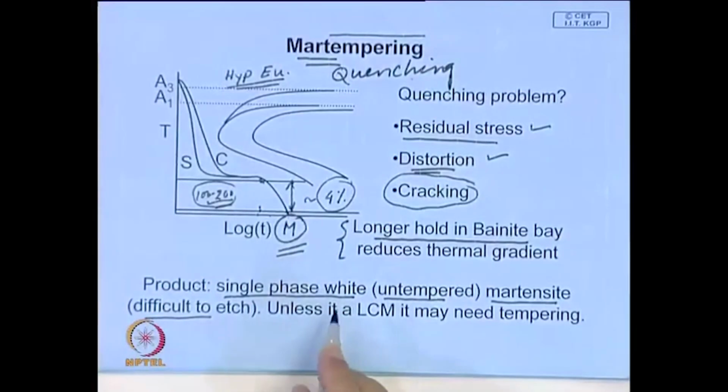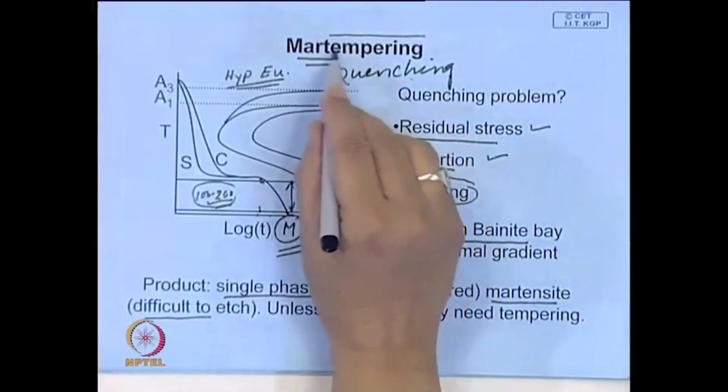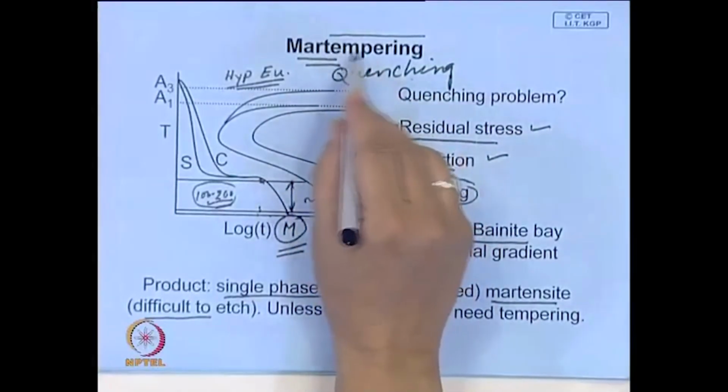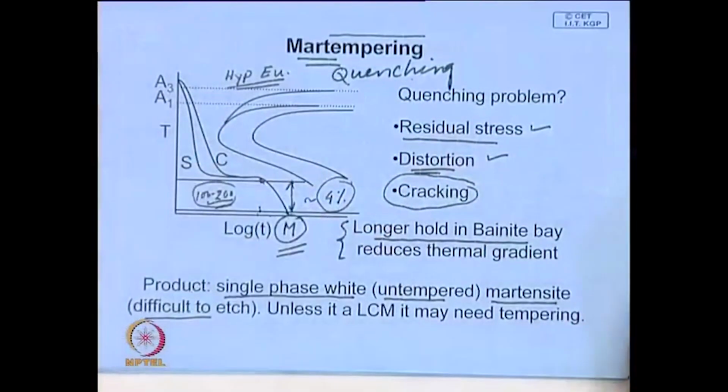But after that, one appears that you combine the term with a tempering, it looks that if you do not have residual stress you do not need to temper, which is not always true. Maybe if it is a low carbon steel, you may forego that, tempering may not be necessary, but if the carbon content is high, there is a possibility that there will be some retained austenite left in the material, and so the structure will be unstable, dimensionally unstable.